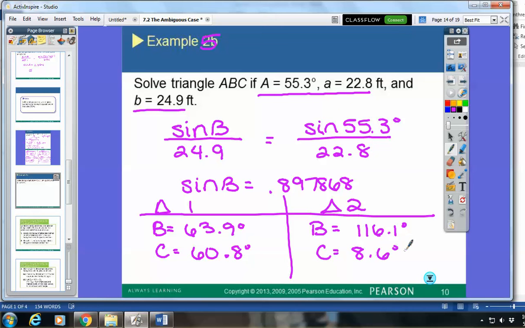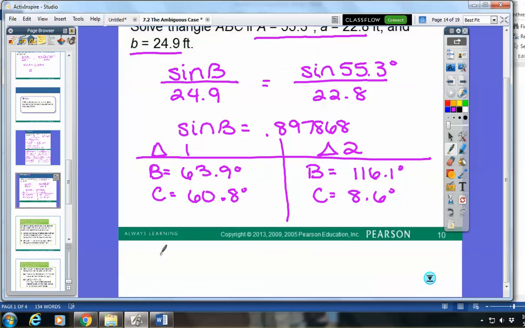And the second one I get 8.6 degrees. Is that reasonable? Yeah, it's a pretty small angle, but it's positive, so it's okay. We know that in both of these scenarios, angle B is the biggest, so side B is going to be our biggest side. In the first one, angle A is the smallest, so side A will be the smallest side. And in the second triangle, C will be the smallest.